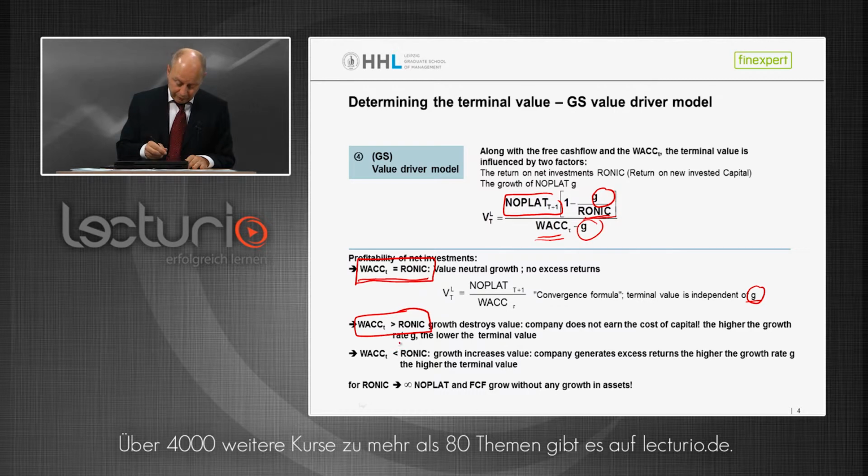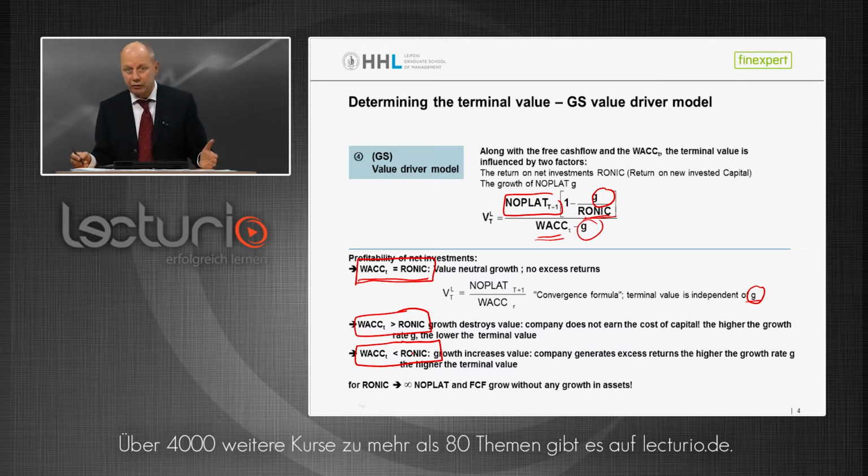So actually, growth is only implying additional value to the shareholders and the investors if we have a situation where the rate of return is higher than the WACC. That means the firm earns a positive excess rate of return on its newly acquired assets, and the newly acquired assets, by the same token, carry a positive net present value.